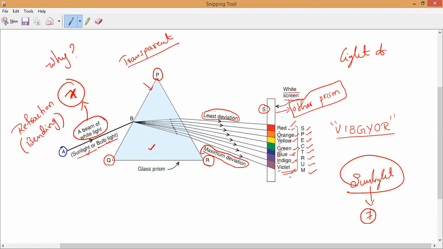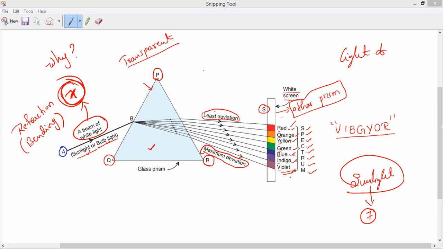So when white light is traveling at different speeds, who is actually traveling? The seven different colors are traveling at different speeds in the glass prism.